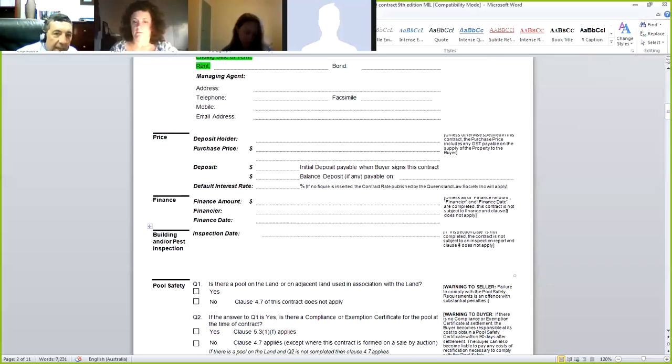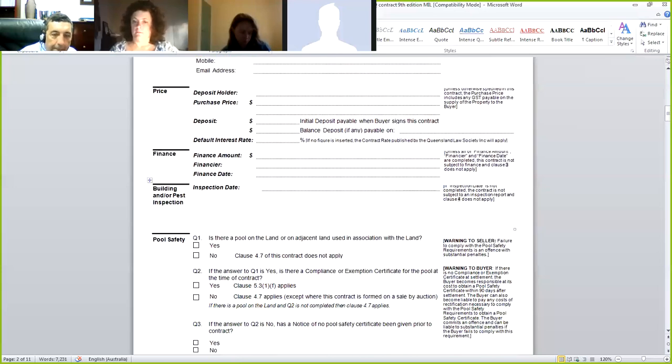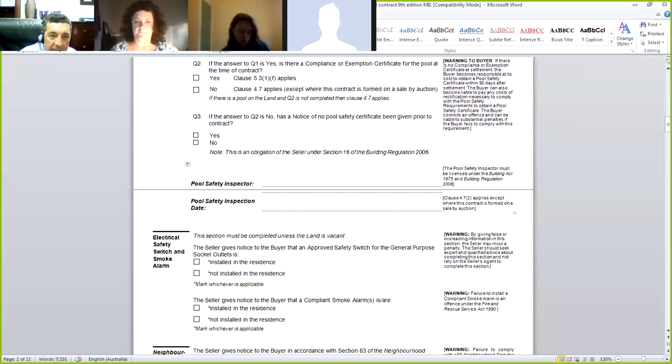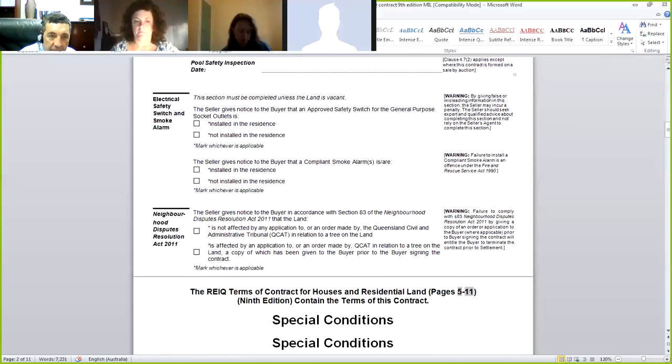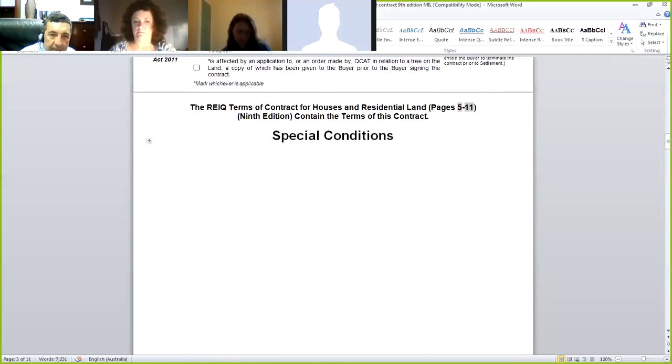So again, if your client, who is a buyer, is intending to undertake a building or pest inspection, make sure that you insert an inspection date, otherwise the contract is deemed to be unconditional in relation to that aspect of it. I'm going to move fairly quickly over things to do with pool safety and electrical switches and the Neighbourhood Dispute Resolution Act. They're fairly straightforward matters for consideration.